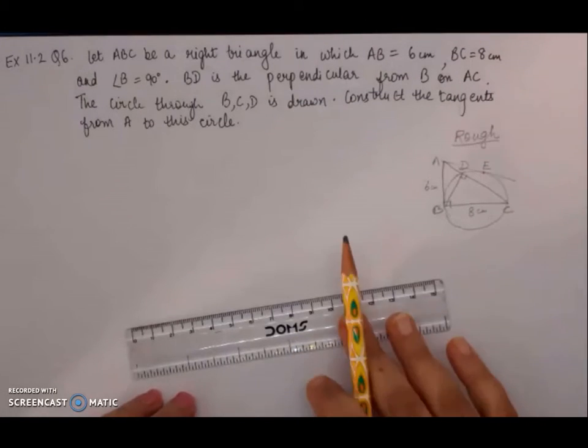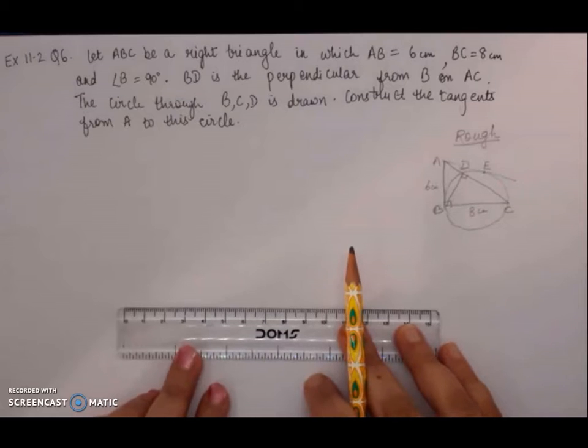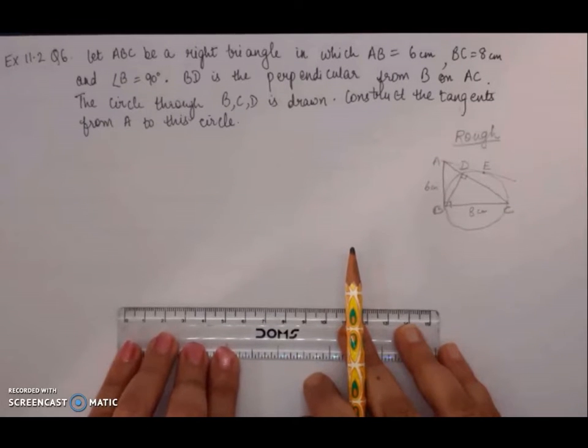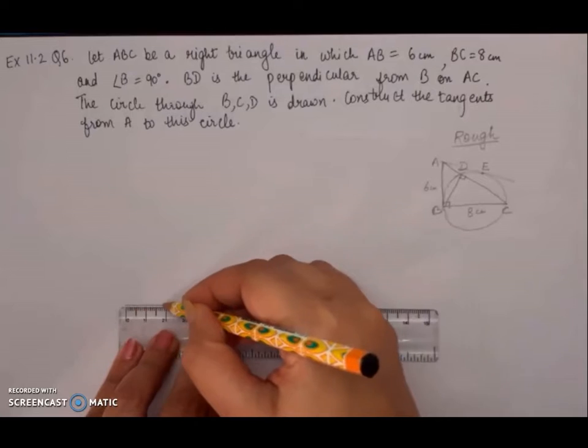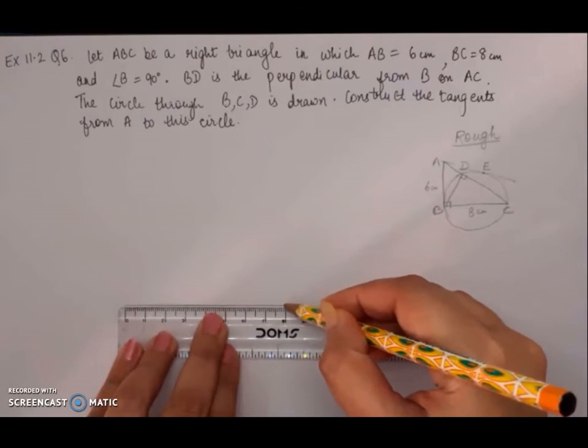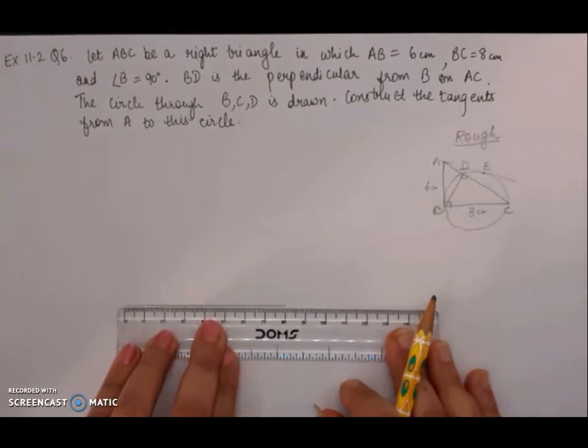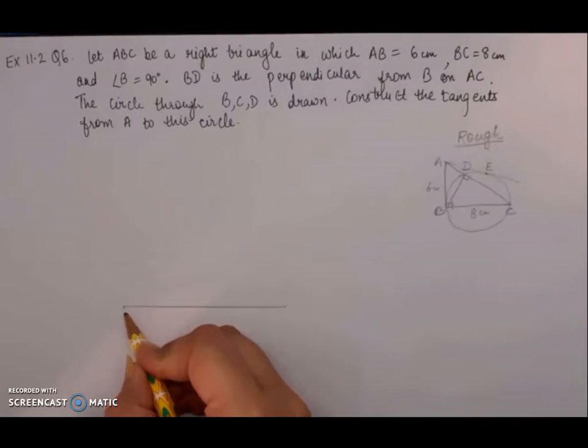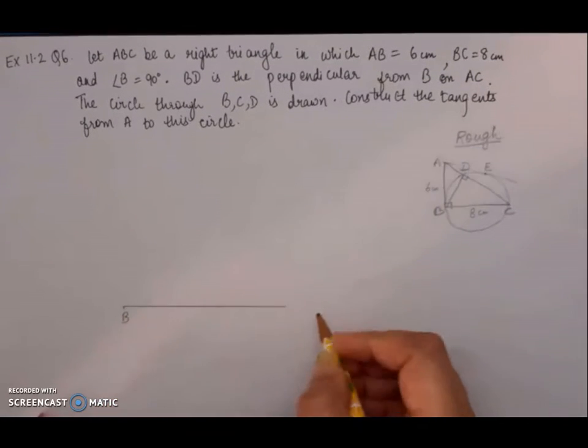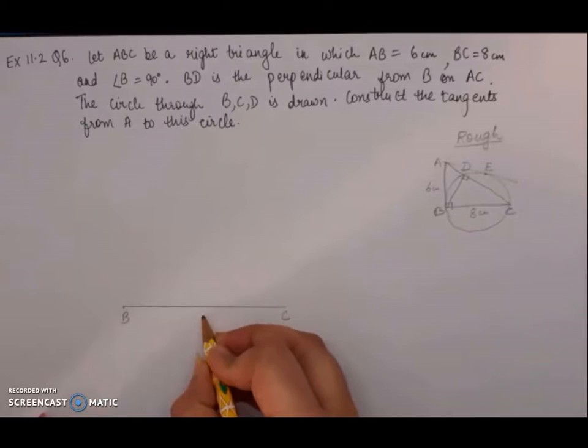First step is to construct the triangle. So we will draw the base of the triangle, that is BC, 8 cm. This is the base BC of the triangle.